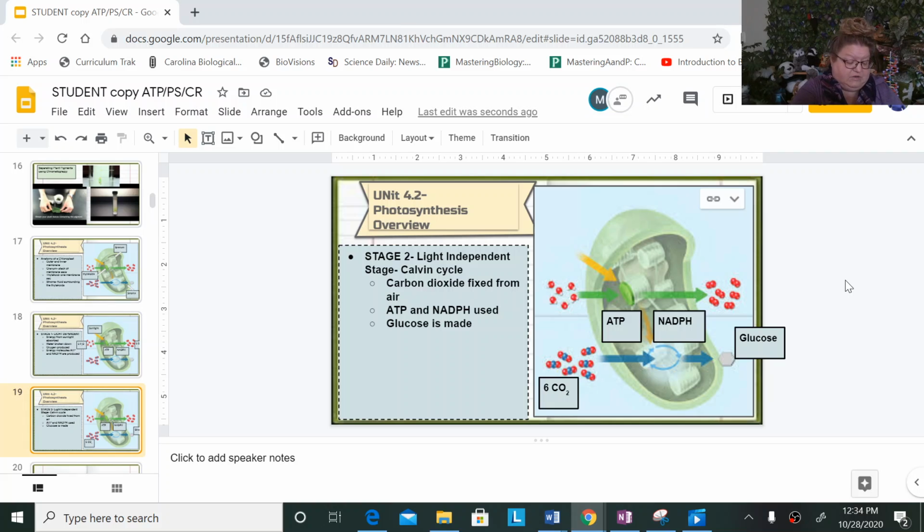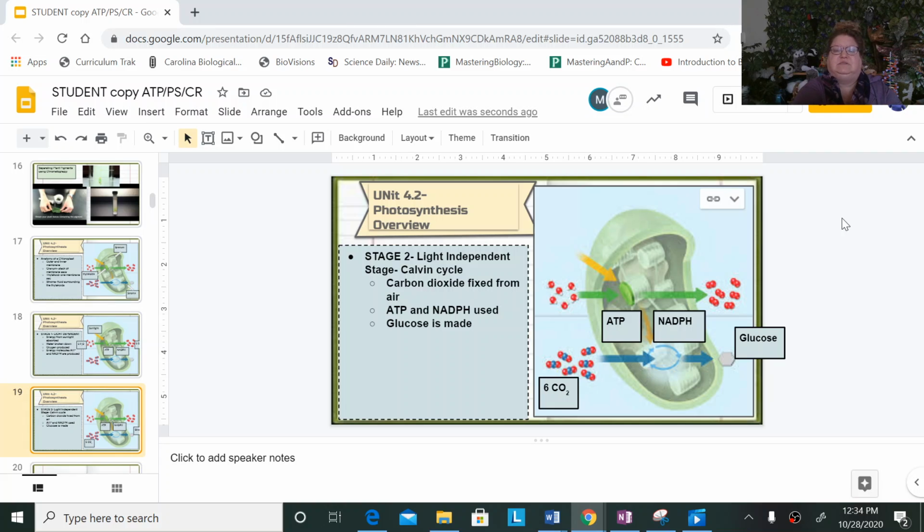And the Calvin cycle, as you can guess, was disseminated by a scientist. His name was Melvin Calvin, and he and all of his lab assistants broke down all the parts of the Calvin cycle and won a Nobel Prize. So the job of the Calvin cycle is to utilize that ATP and NADPH, use the energy from them to make glucose.